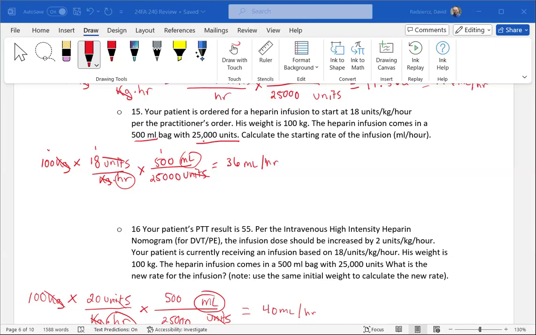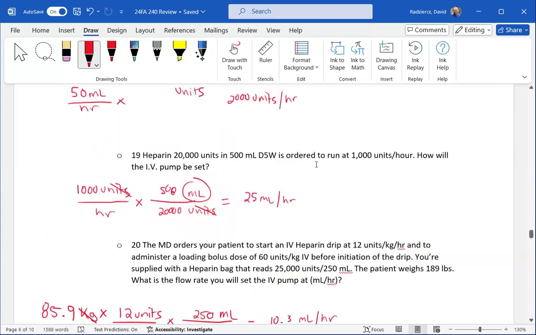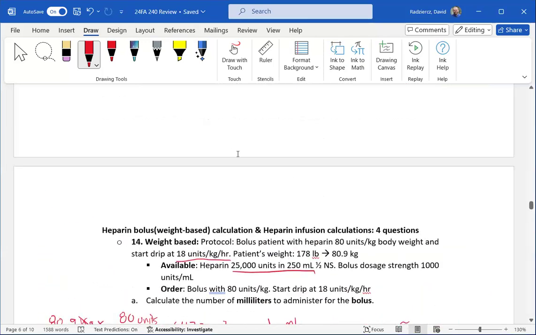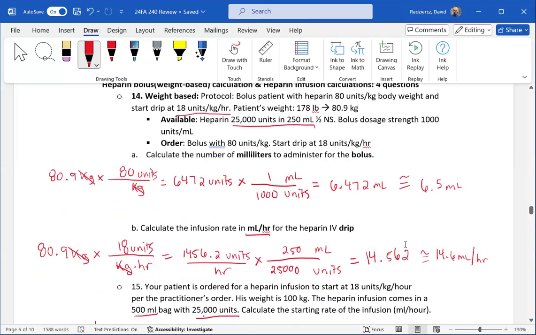Now, from what I understand, if your questions are asked similar to the way our questions are asked, you will have similar questions to what are being asked here. Meaning you'll have a question where you basically have to answer two questions.